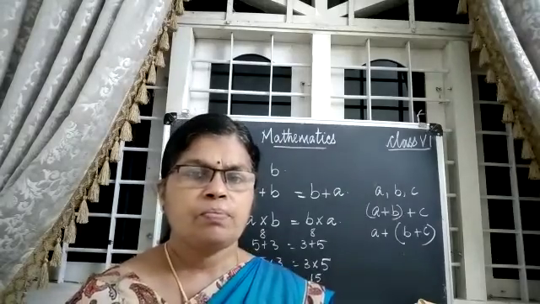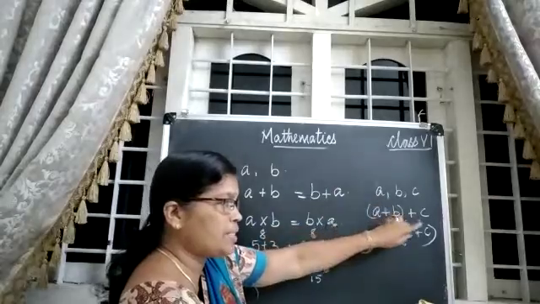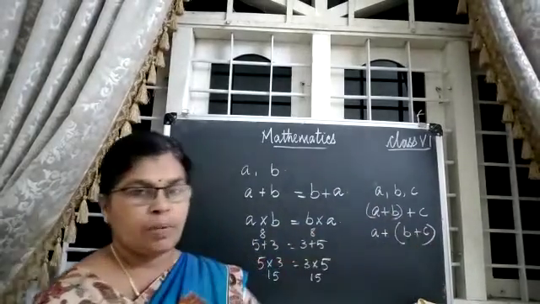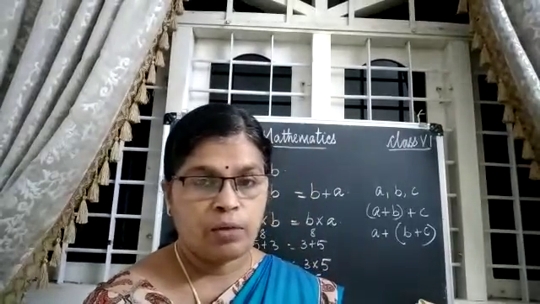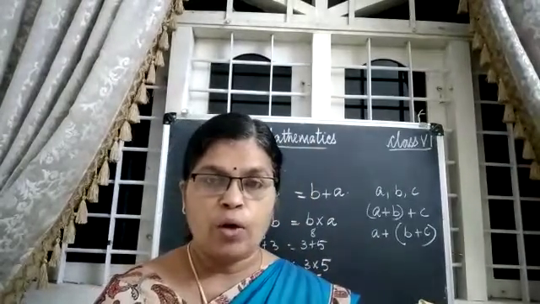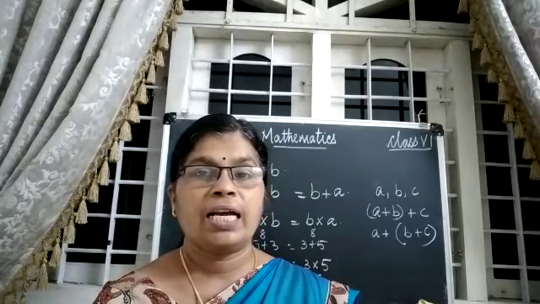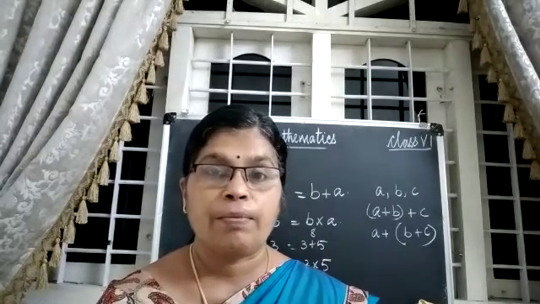Okay. Now here also you see (A plus B) plus C equals A plus (B plus C). These are expressions, like the numerical expression I told you, but the only difference is that they contain the English alphabets.